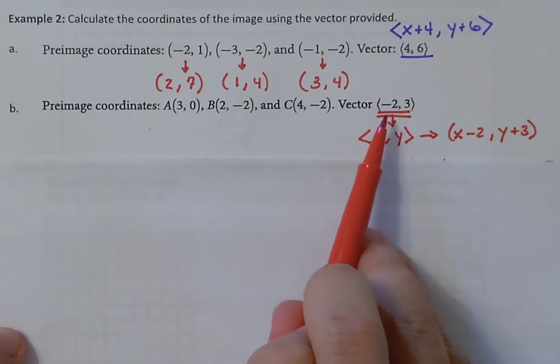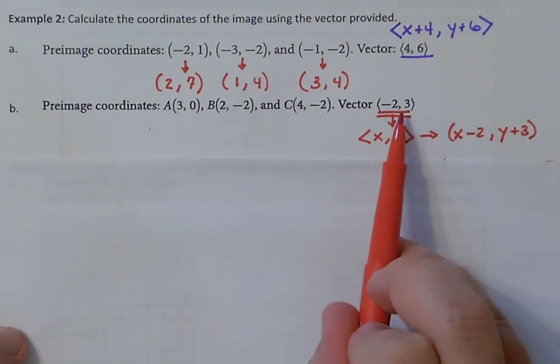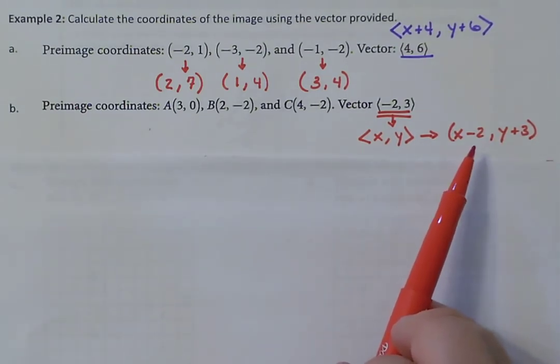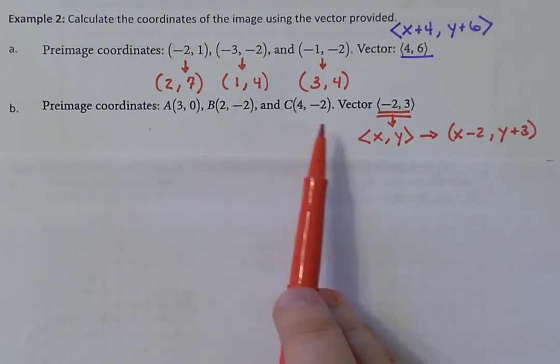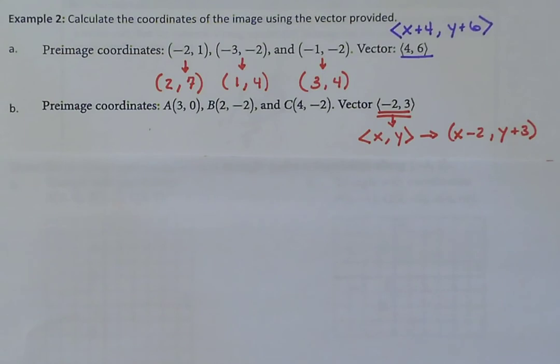Okay, it's -2 because this is a -2, and it's plus 3 because it's a positive 3. So you're going to use your coordinate notation for our vector, and you're going to go through and plug all these points into this coordinate rule to get your points for the image.